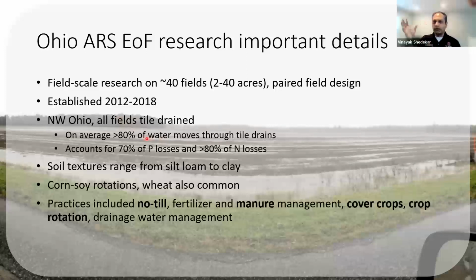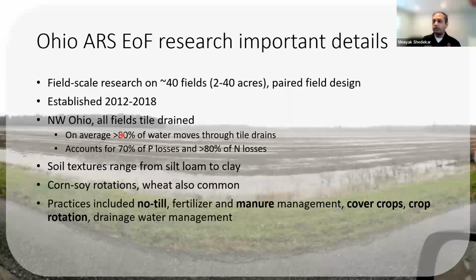Something to understand, the water budget for our agricultural landscapes, especially Northwest Ohio, you all know that it's heavily subsurface drained landscape, and on average, a majority of water that is being lost from that field finds its way out through a tile system, or a tile drainage outlet.